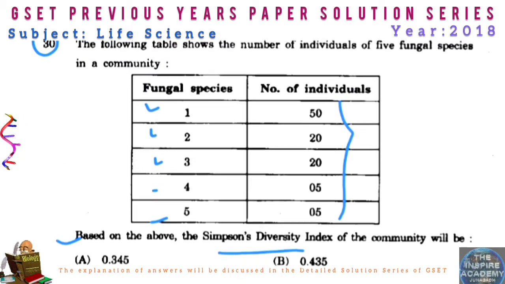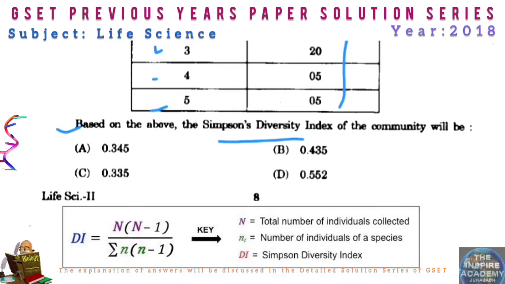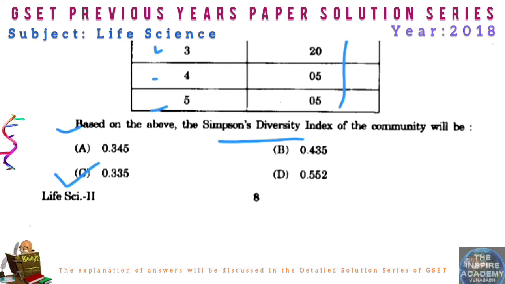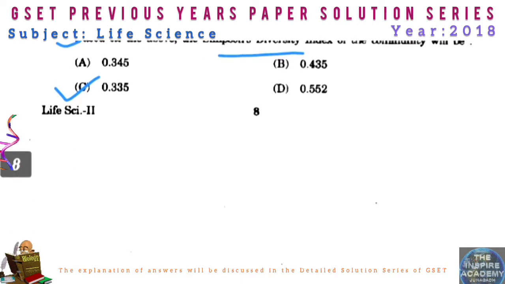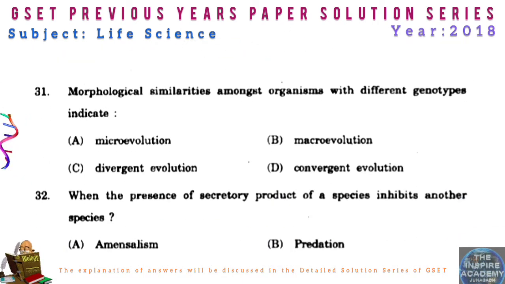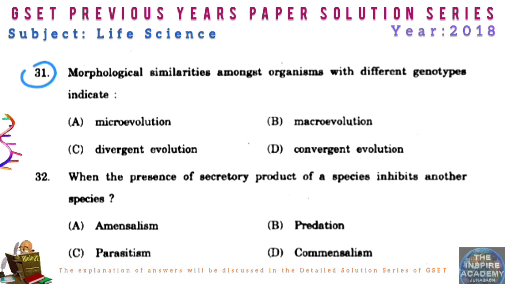If you apply the formula, the correct answer will be C, 0.335. Question number 31. Morphological similarities amongst organisms with different genotypes indicate convergent evolution.